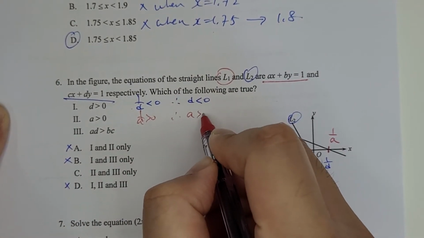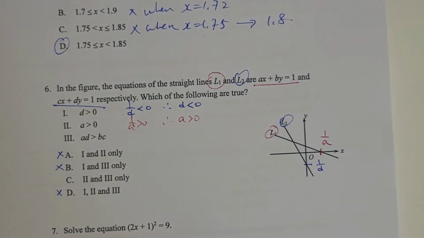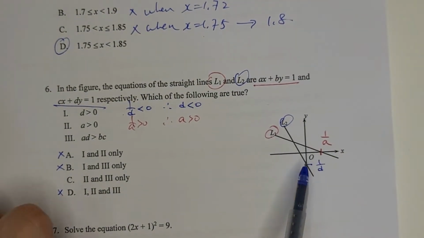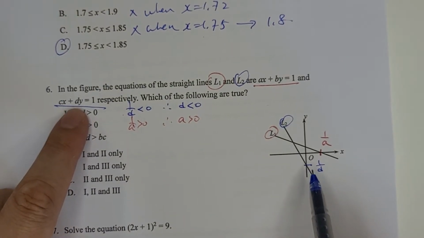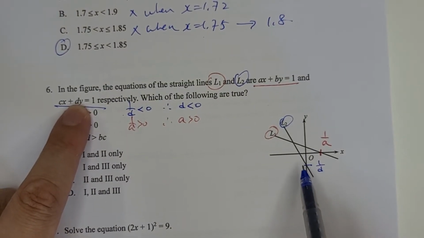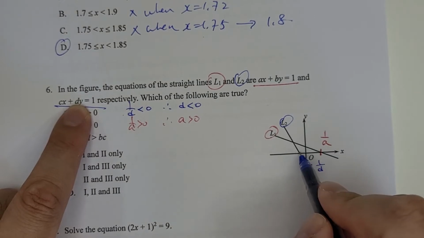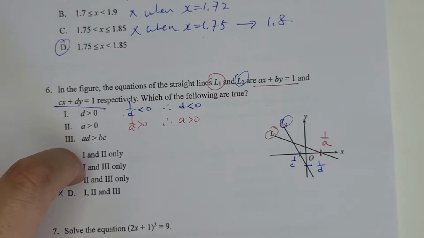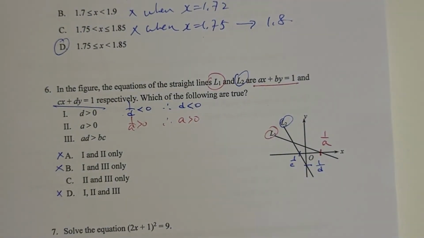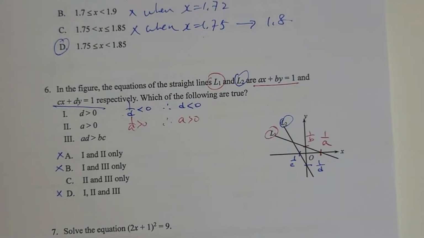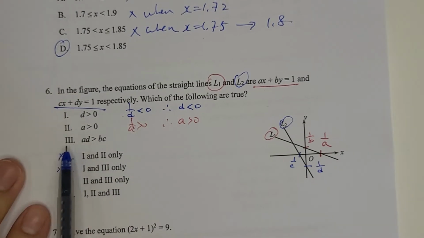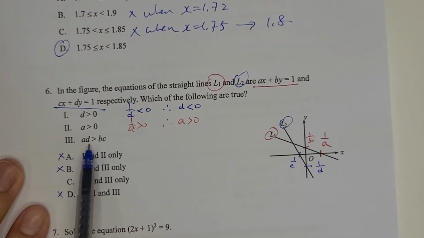So therefore A is positive. Similarly, you can find the x-intercept of L2. Substitute y equals 0 in equation 2, so you will see that is 1 over C. Also, you can find this one, that is 1 over B. And here, statement 3, AD is greater than BC.